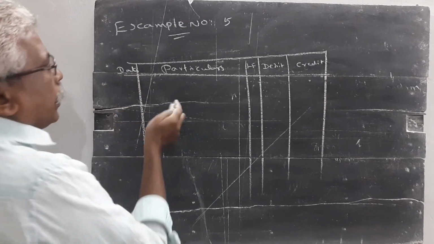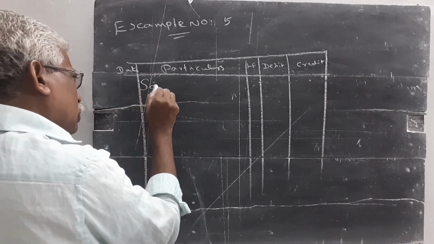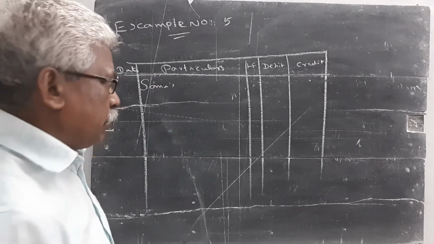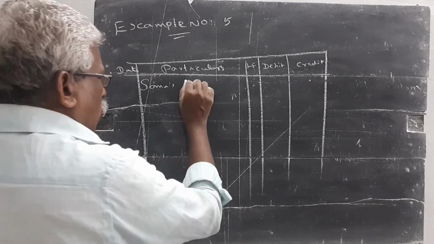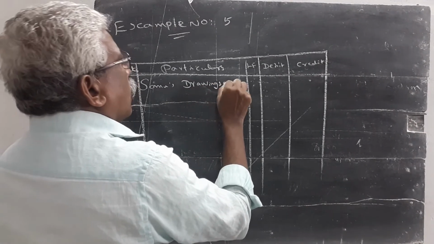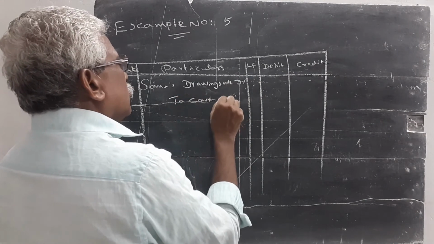Date is not given, so no need to write. Here you write drawing account. Otherwise you can write Somu's drawing account, it is not wrong. But in the textbook only the word drawing is given, so you should not be confused. Somu's drawing account debtor to cash account.